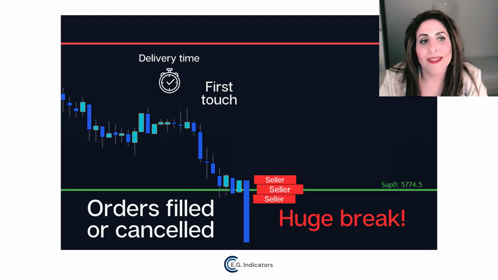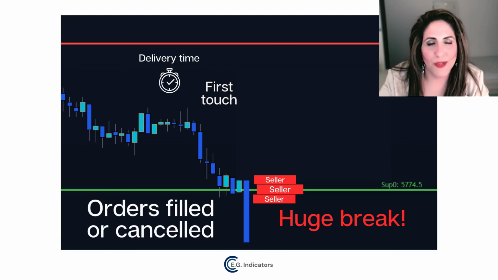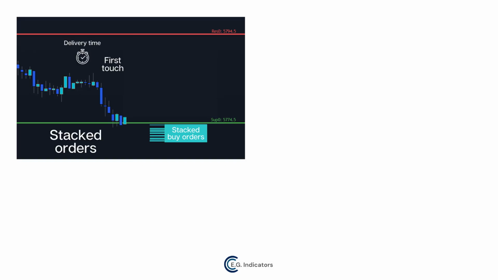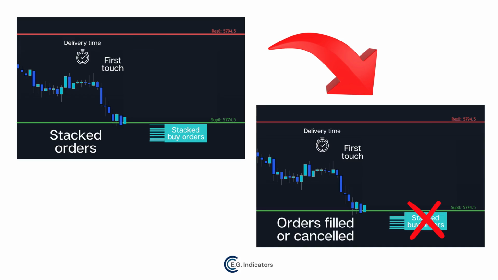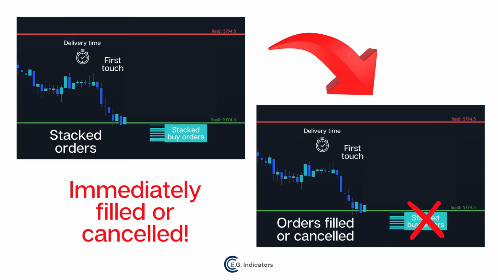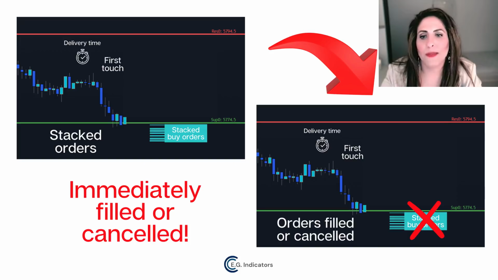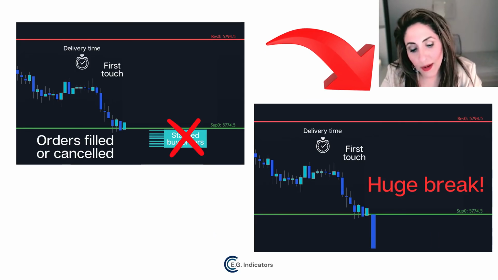And then, guys, a huge break is observed. So again, stacked orders are filled or canceled. Let's say they are immediately filled or immediately canceled because there's a pressure of sellers, leading to a huge break, a sudden break.